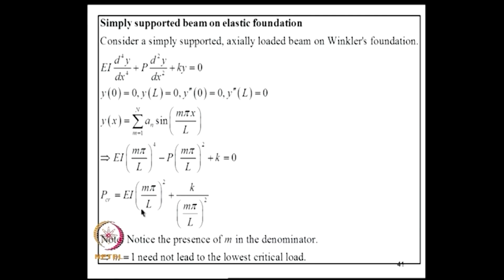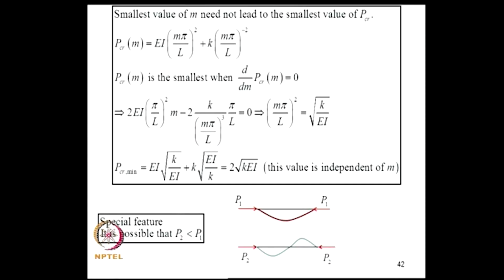Now you should notice the dependence of P critical on m, and m is appearing in the denominator here. So this creates some surprises. That would mean m equal to 1 need not lead to the lowest critical load. It depends on values of k and EI. Suppose I now want to find out the value of m at which P critical is smallest.